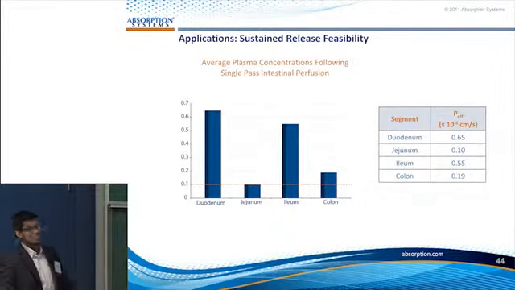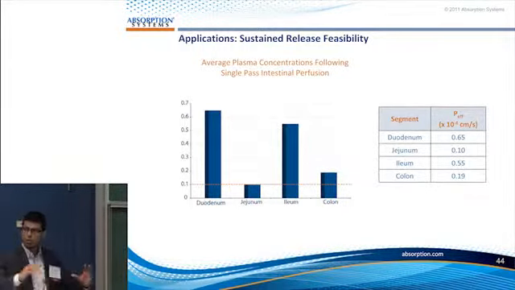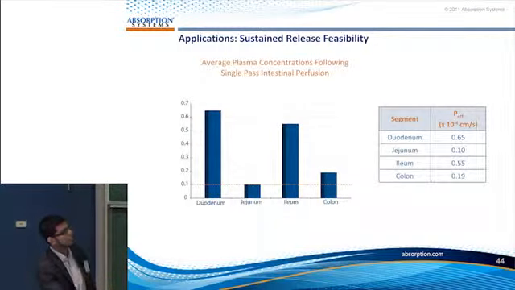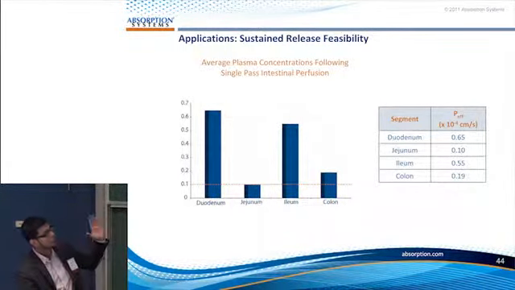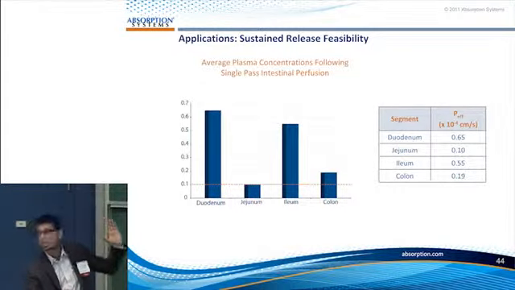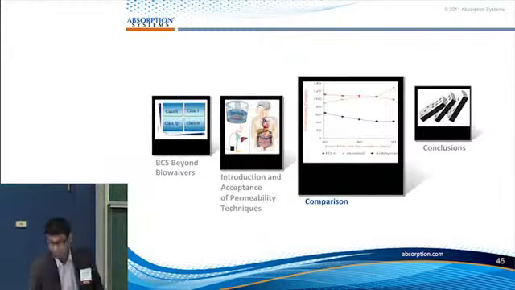You could also look at the sustained release feasibility, where essentially your threshold is about 0.1, which is right around where metoprolol is. Maybe this compound actually has a reasonable P effective or permeability profile all the way from the upper GI through the colon, so a sustained release may not be a bad idea.